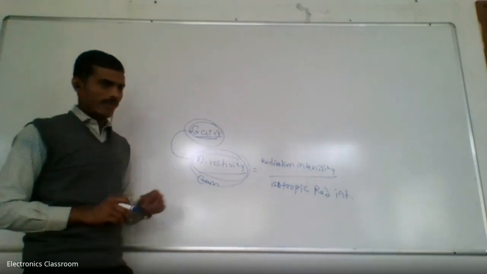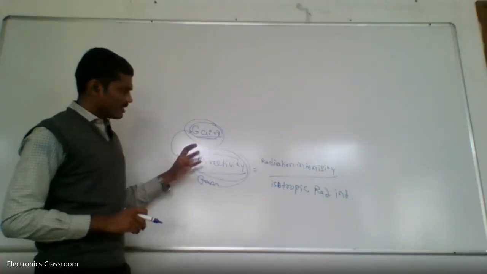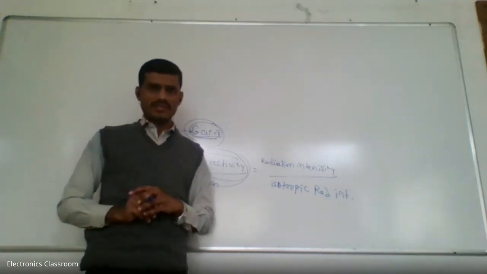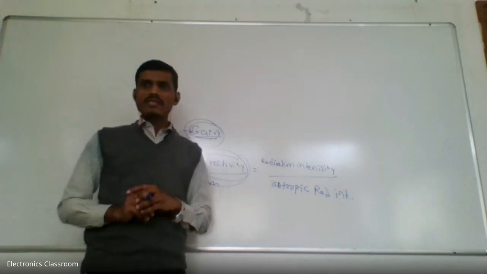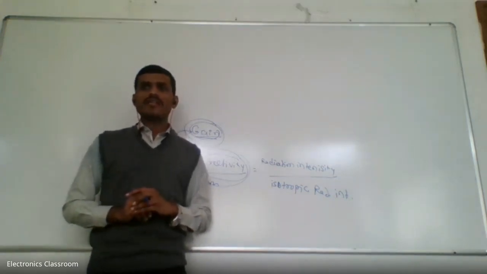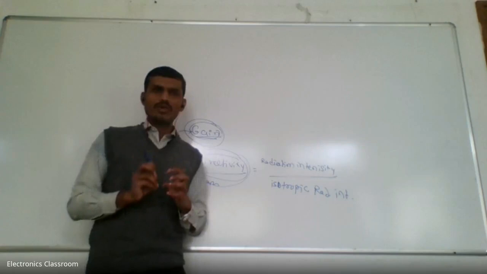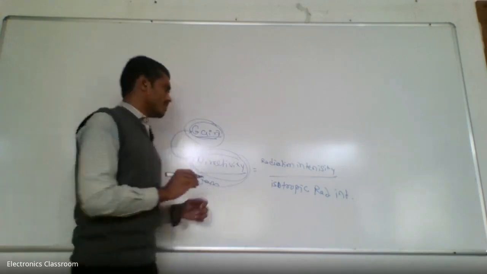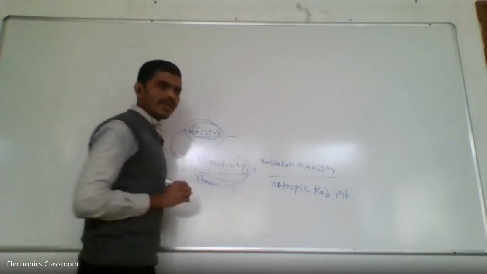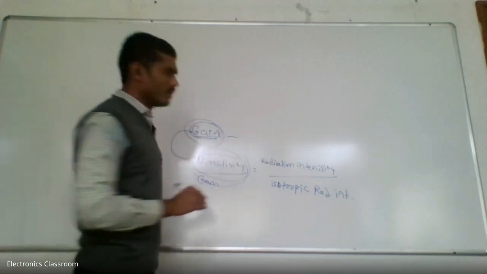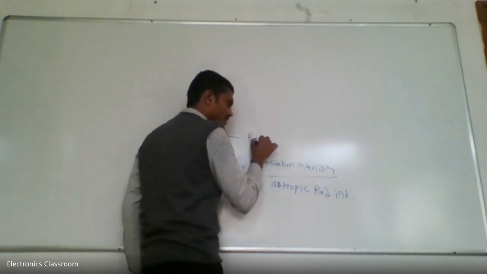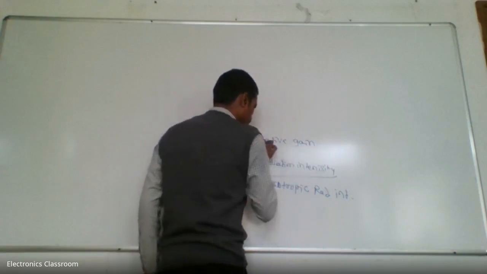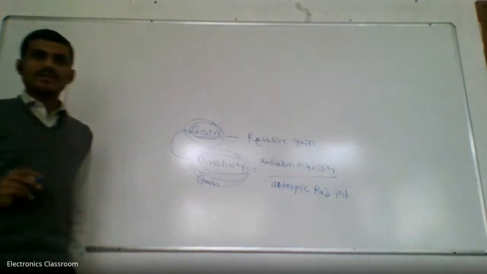Now the next point is the gain. Gain is totally related to the directivity. Is that clear? There are two different concepts for the gain. The first concept is simply gain, and the second concept related to the gain is known as relative gain.